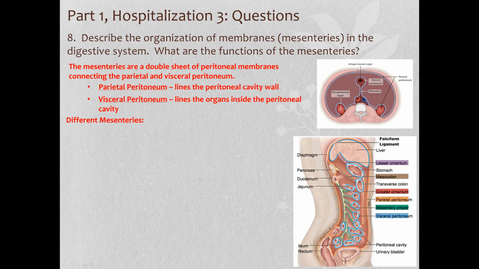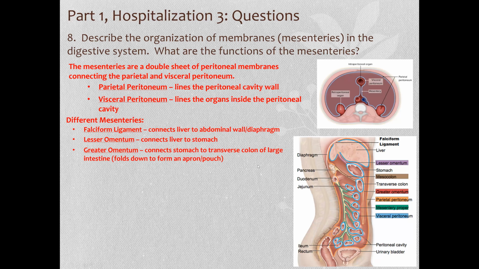So if we look at the different mesenteries, we have the falciform ligament that connects the liver to the abdominal wall or diaphragm. There is the lesser omentum shown in purple, which is connecting the liver to the stomach. There is the greater omentum, which connects the stomach to the transverse colon, and it folds down to form like an apron or a pouch.